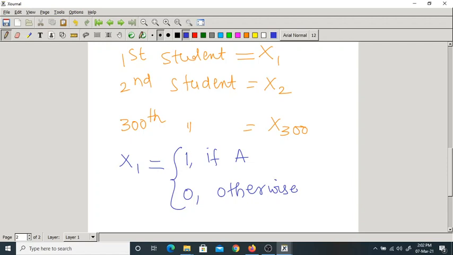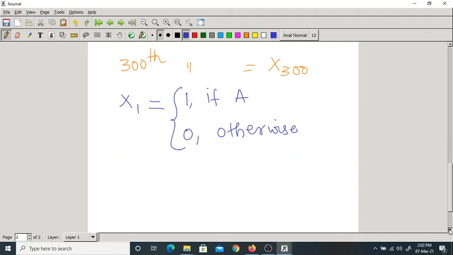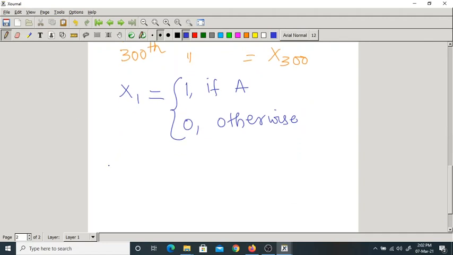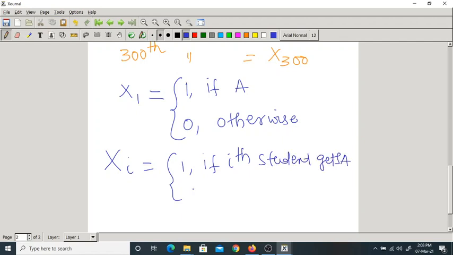It is 1 if the second student gets A grade, 0 if he doesn't. Like this, we can define all 300 random variables. Now let me write for a generalized random variable xi. It is 1 if the ith student gets A, 0 otherwise.